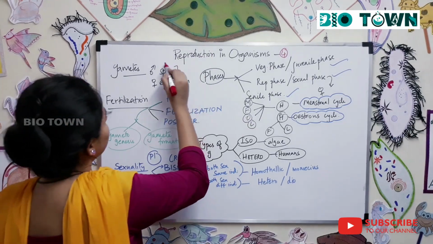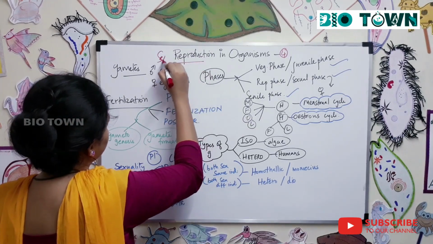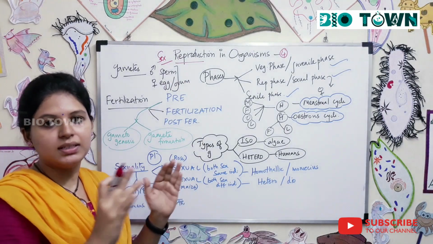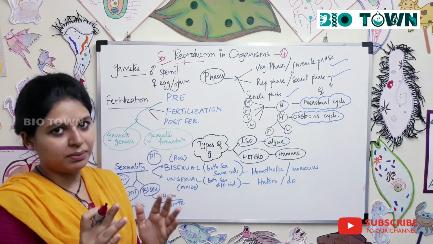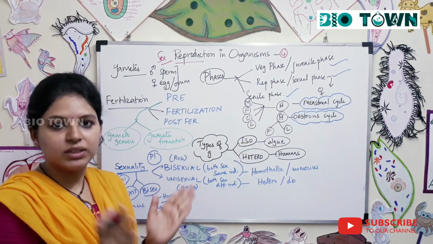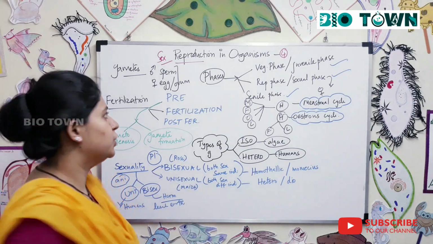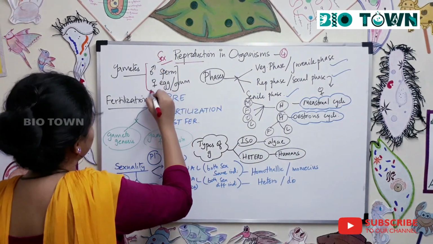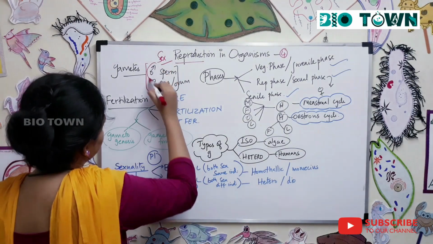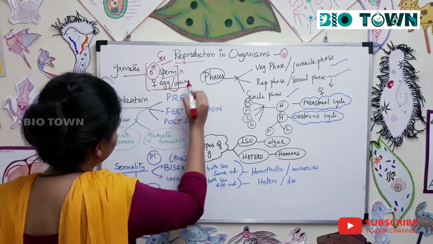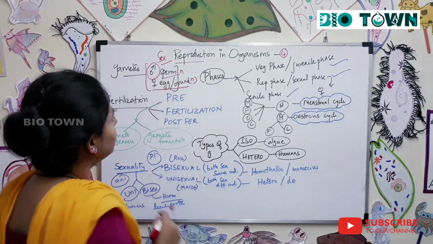And now as we know, what is sexual reproduction, which involves gametes, the male gametes and the female gametes, and both of these gametes will fuse together for the future progeny. And now in case of humans, there is a male gamete which is the sperm and there is a female gamete which is the egg or ovum.